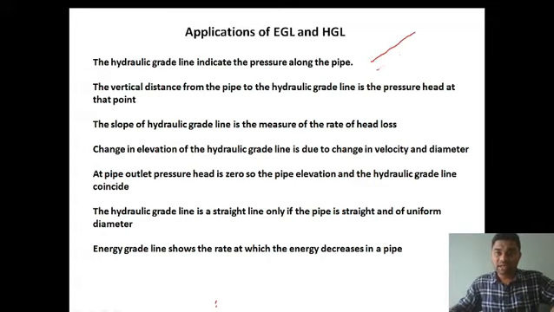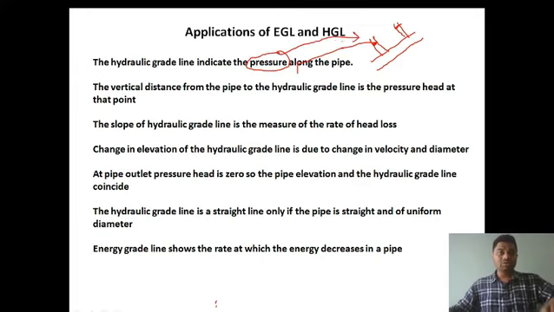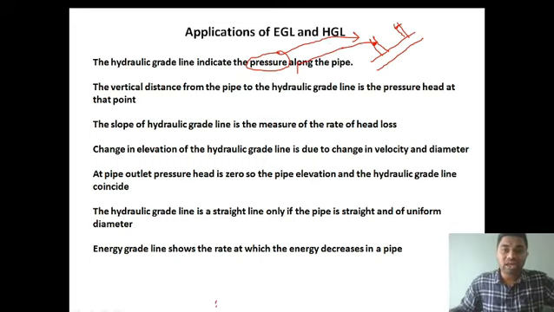Suppose this is our horizontal pipe, and various piezometers are attached to it. Each piezometer gives the pressure reading. So, the hydraulic grade line indicates the pressure along the pipe.